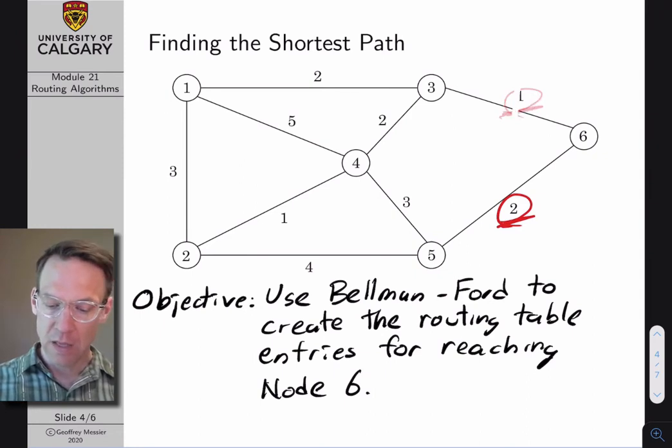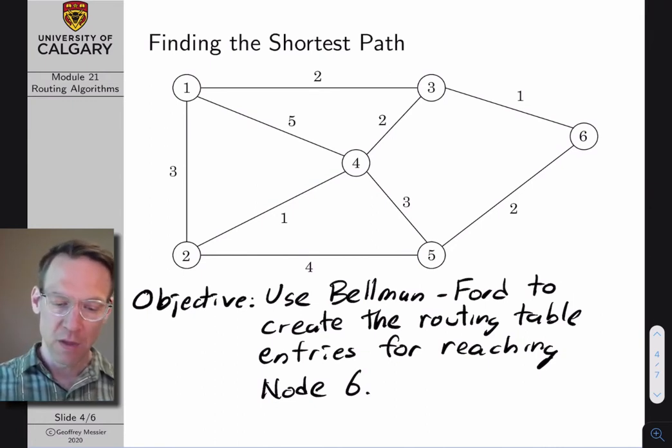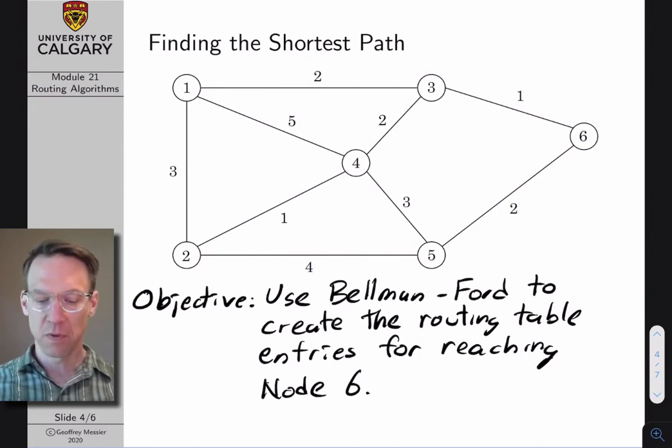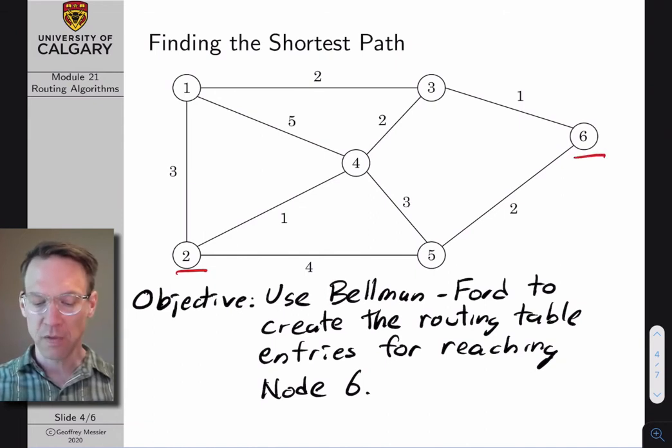Now, the purpose of the Bellman-Ford algorithm, as I said, is to find the minimum cost or the shortest path through the network. So when we take these costs into account, the minimum cost path or the lowest cost path for node 2 to reach node 6 is through node 4 and then node 3.